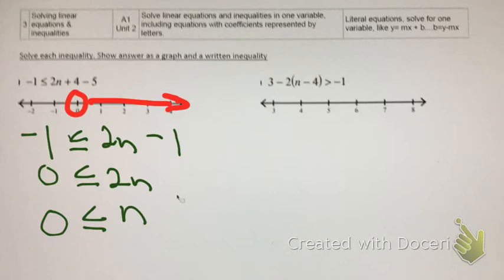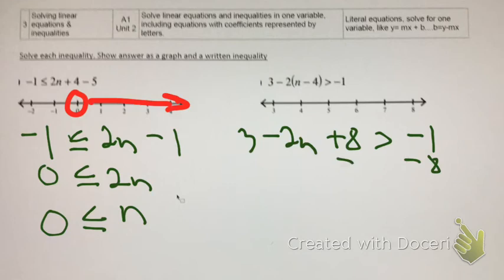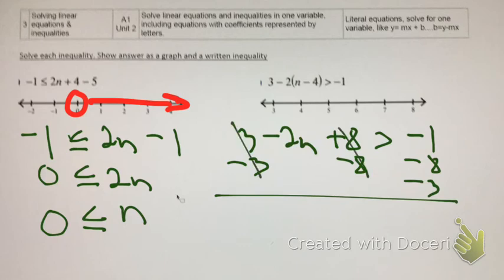Okay, moving on. These solvings aren't as bad. So we got here 3 minus, I've got to distribute, 2n plus 8 is greater than negative 1. Okay, let's subtract 8 from both sides. And let's take away the 3 from both sides. That ought to get us pretty close. Cancel, cancel. Minus 2n is greater than negative 1, negative 9, negative what, 12? Is that right? 12, negative.